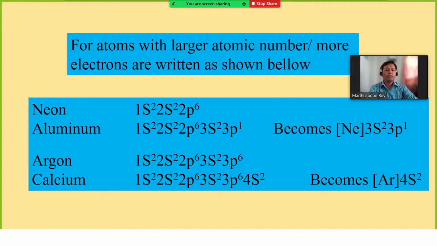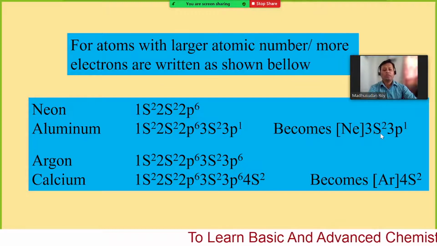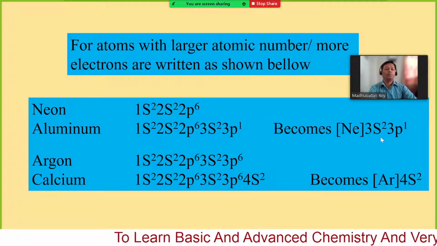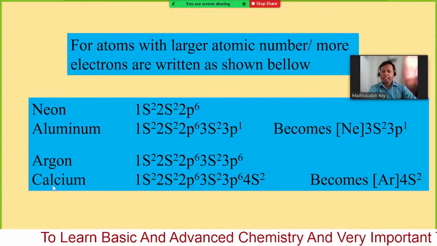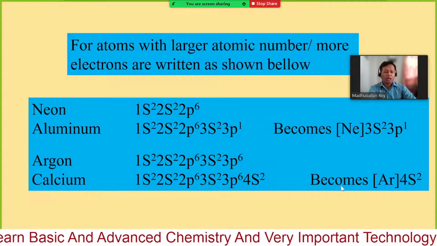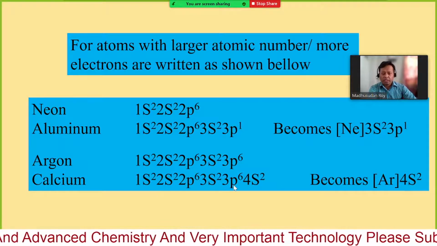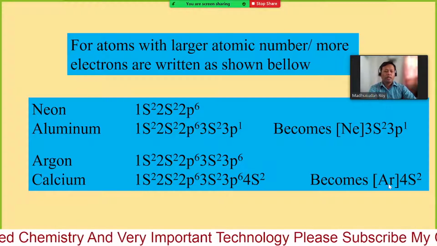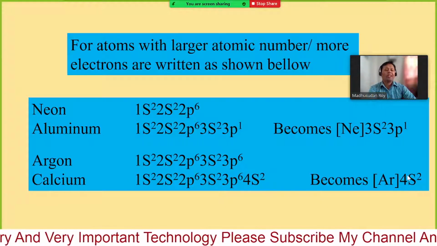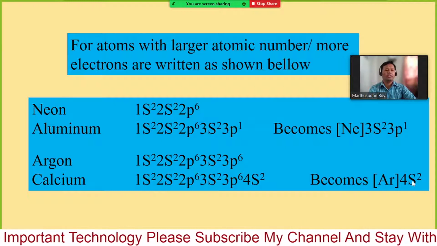For aluminium, we can see that it has 3s2 and 3p1. That means 3 electrons, this 2 and this 1. So 3 electrons in the outermost shell, so the valency of aluminium would be 3. In case of calcium, this is the inner part and the outermost shell has only 2 electrons.